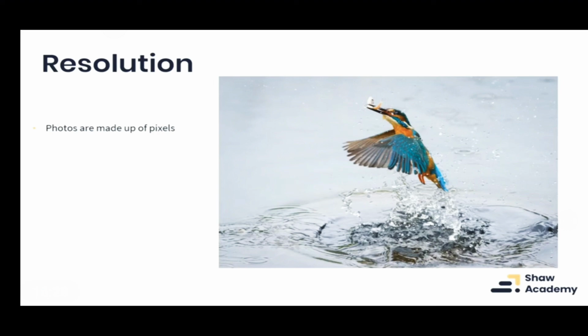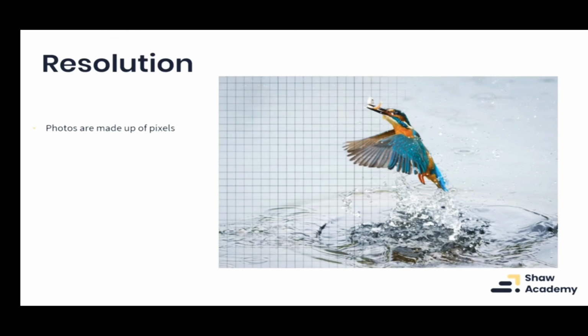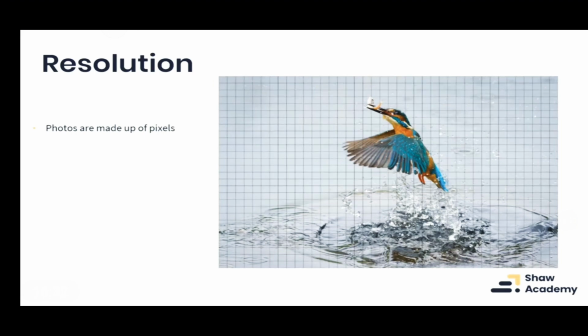Basically, our photographs, any digital image, is made up of pixels. Pixels are these little square blocks that create our images. The amount of pixels that we have in any digital image is known as its resolution.